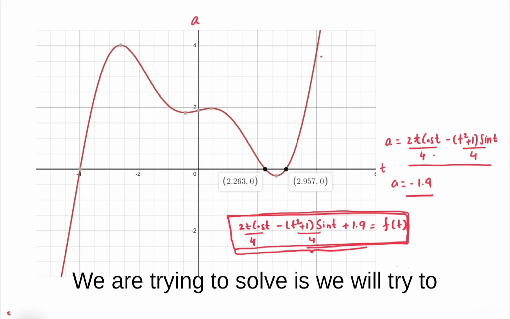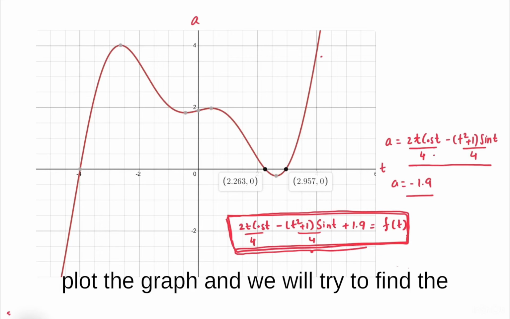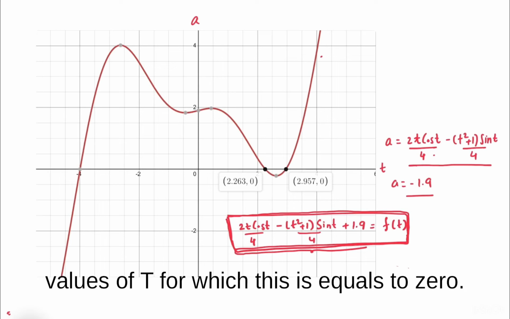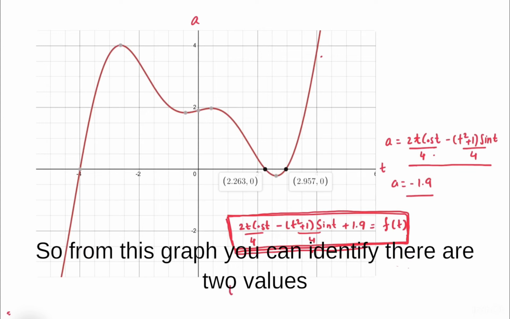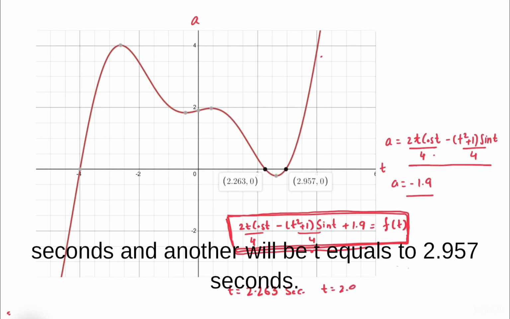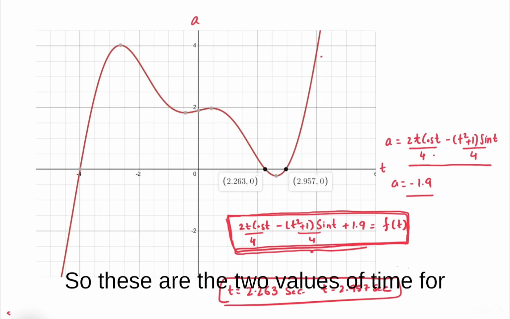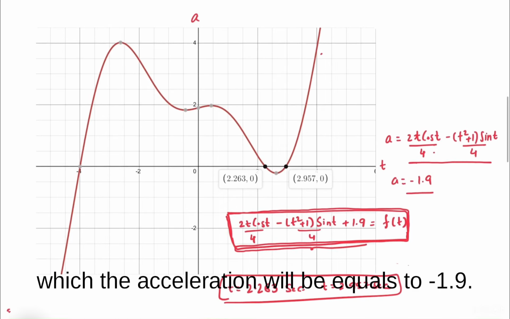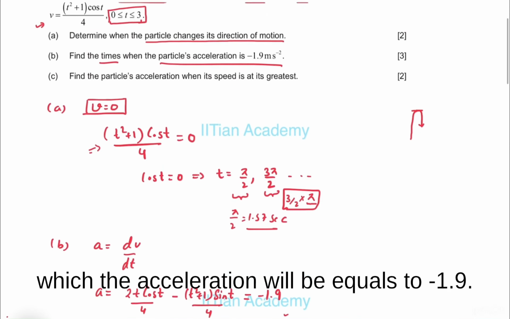We will plot the graph and find the values of t for which this is equal to 0. From this graph you can identify there are two values of time for which this will be 0, which is 2.263 seconds, and another will be t equals 2.957 seconds. So these are the two values of time for which the acceleration will be equal to -1.9.